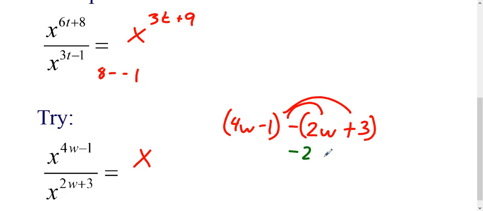So that's minus 2w and minus 3. So 4w minus 2w is 2w. And then negative 1 minus 3 is negative 4.